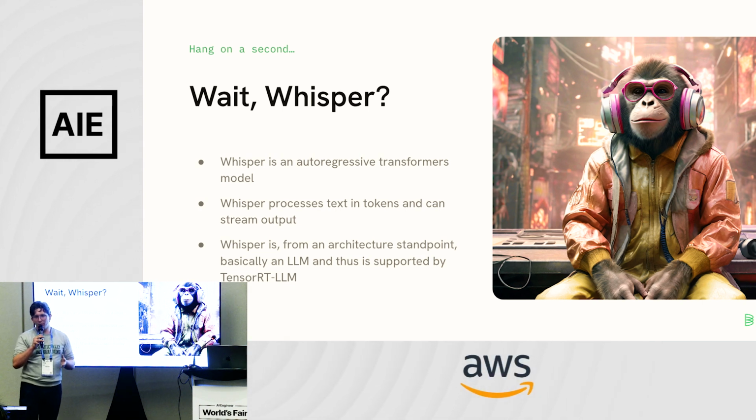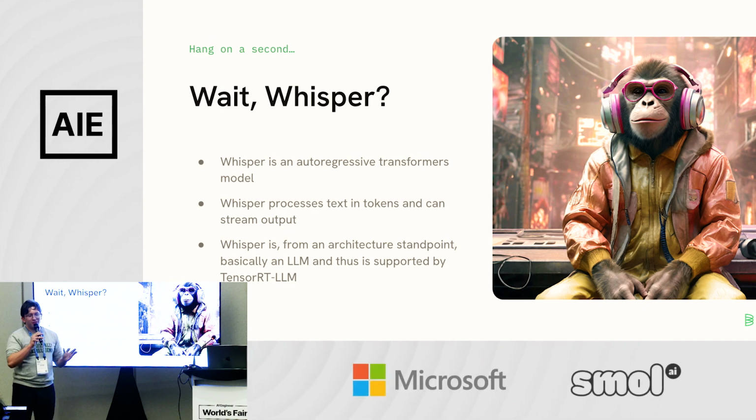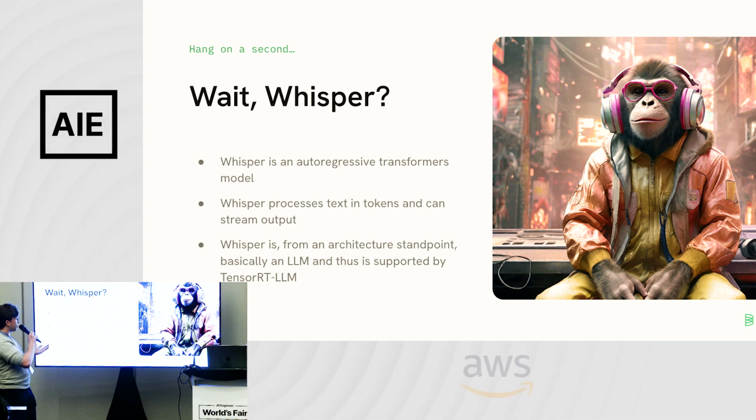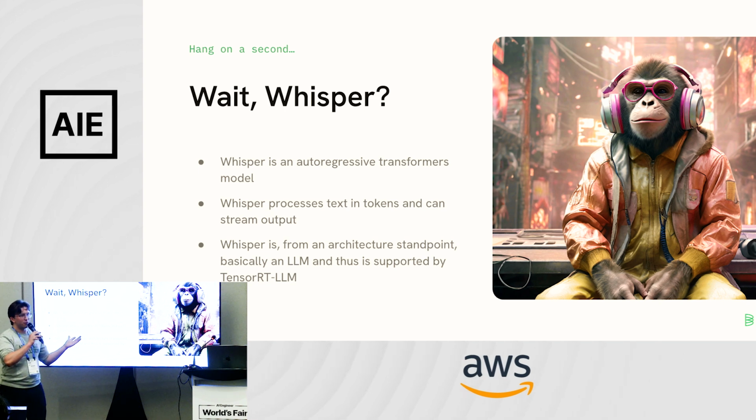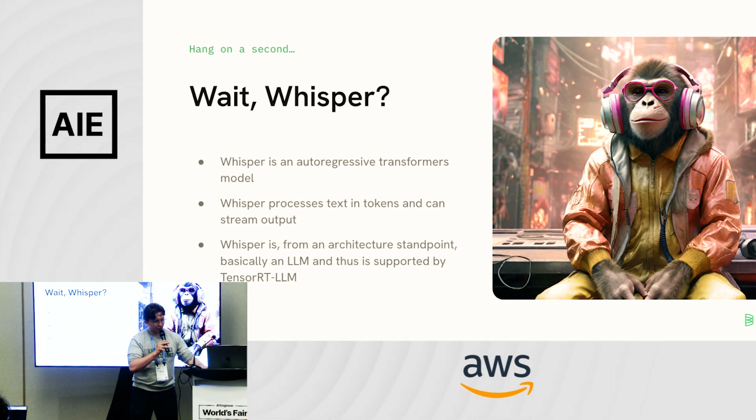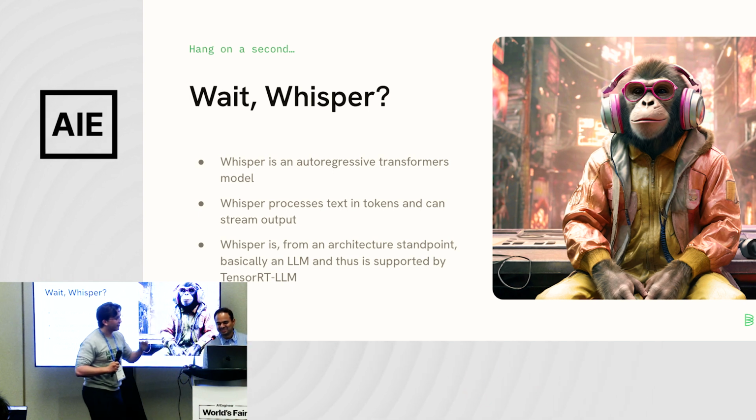What's really cool about Whisper is that structurally, it's basically an LLM. That's a massively reductive statement for me to make, but it's an autoregressive transformer model with the same bottlenecks in terms of inference performance. So even though it's an audio transcription model and not an LLM, we're still able to optimize it with TensorRT-LLM because of its architecture. Let me say one more thing. Of course.